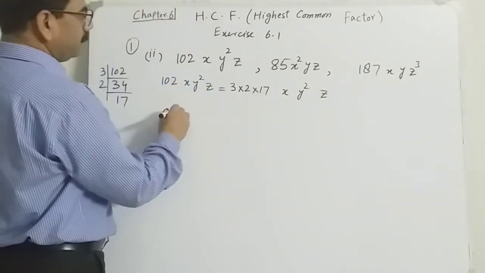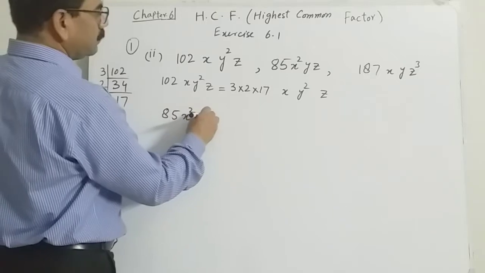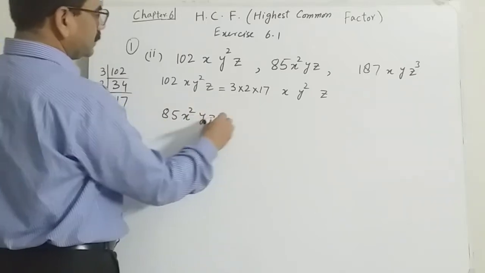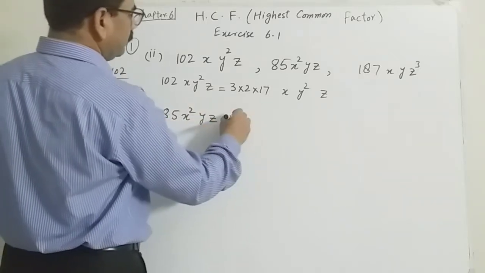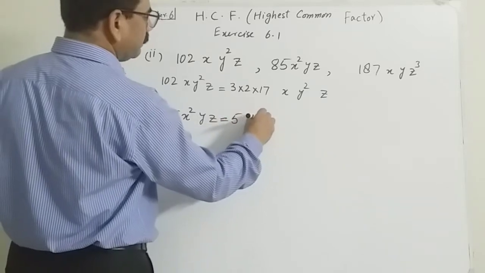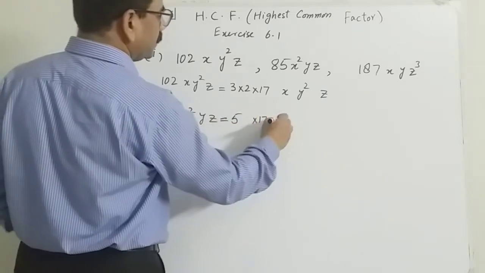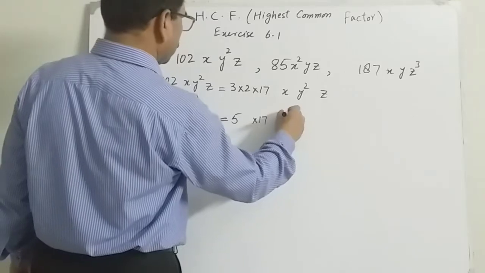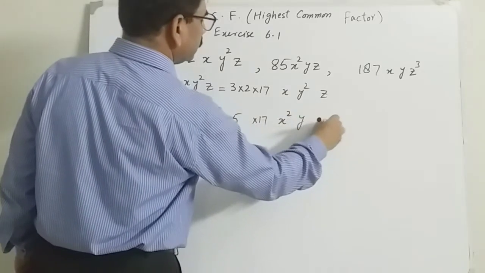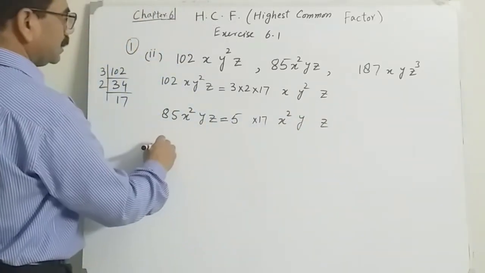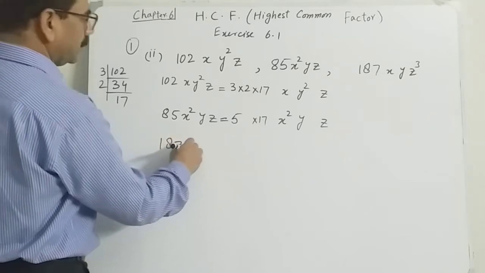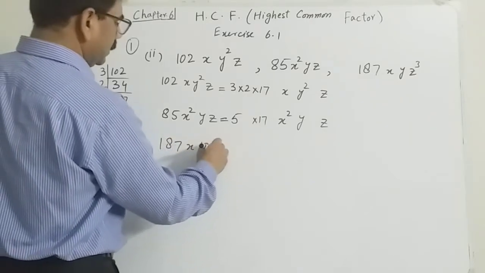Now 85x^2yz. Factorization of 85 will be 5 multiplied by 17 x square yz.